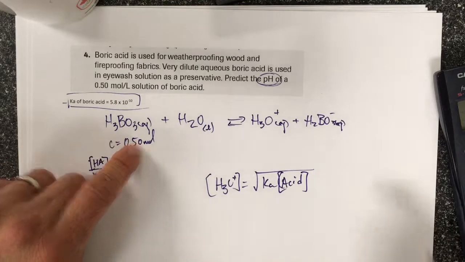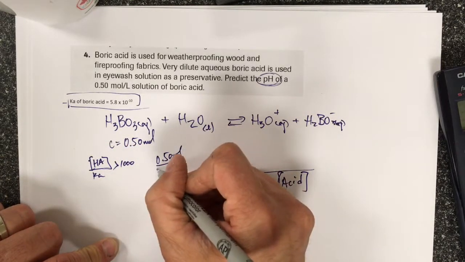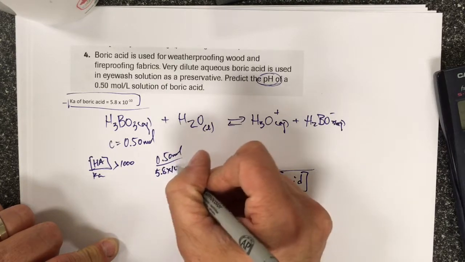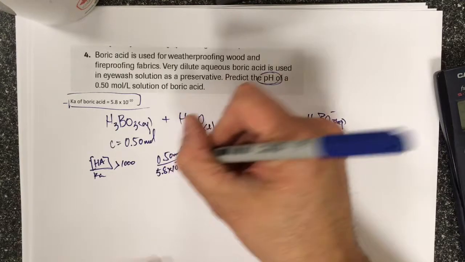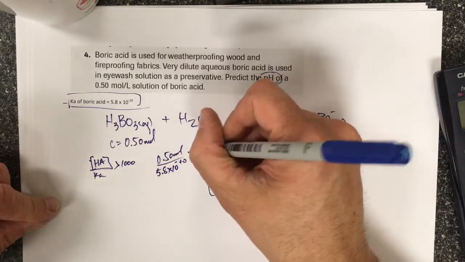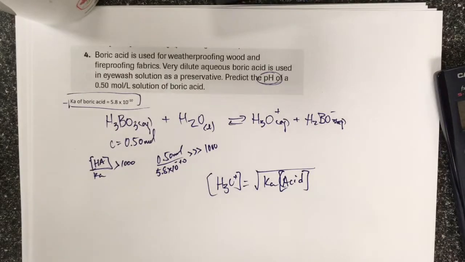If I take 0.50 mole per liter and divide it by 5.8 times 10 to the negative 10, this is such a weak acid that it's going to be a way bigger number than 1,000. I'm not going to put it in my calculator because it's not really worth it.